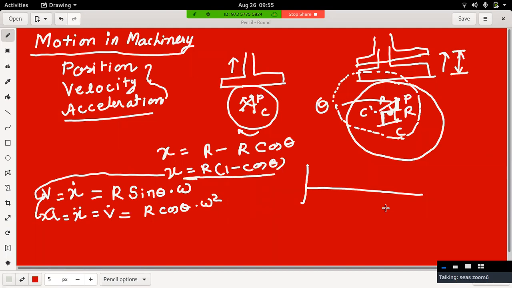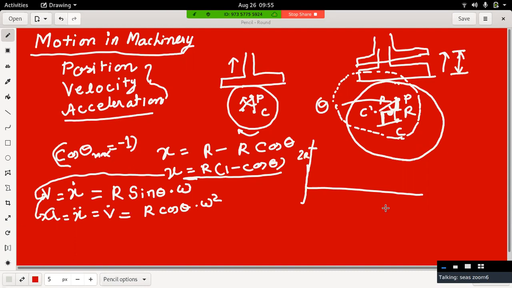It means that cos theta can have the maximum value of -1. You know, cos theta at 180 will be -1. So the maximum value of distance can go up to 2R. So we can say, let's say it is 2R.